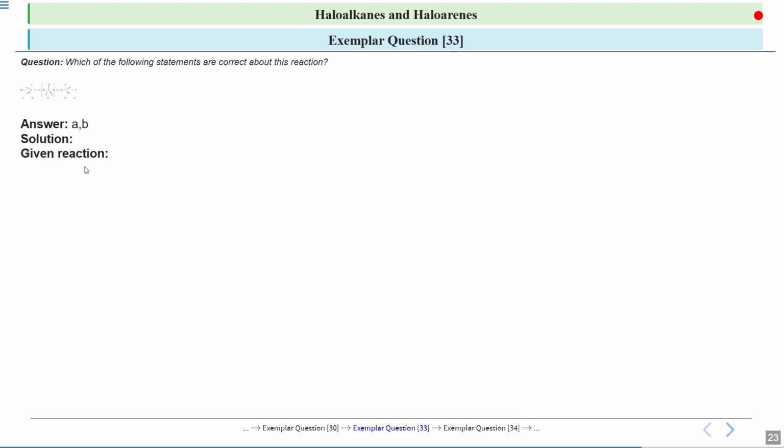If you see the given reaction, the hydroxyl ion nucleophile attacks the haloalkane, that is chloromethane. You can see this configuration: the chlorine is attached to this carbon, and the hydroxyl ion, which is the nucleophile, attacks this carbon from the opposite side of the carbon-chlorine bond.